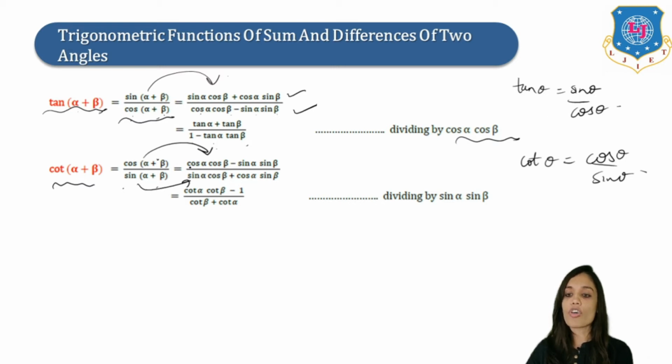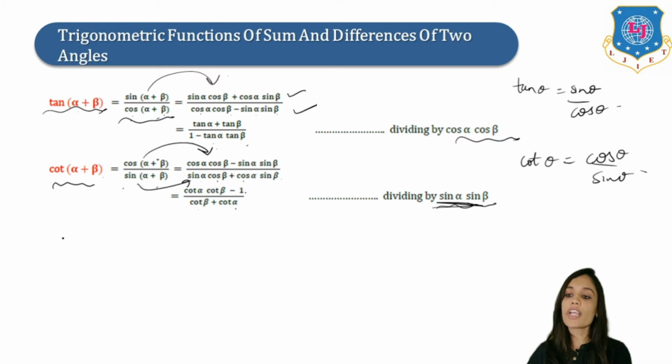They are cos alpha cos beta minus sin alpha sin beta upon sin alpha cos beta plus cos alpha sin beta. Now we will divide by sin alpha sin beta. So we will get cot alpha cot beta minus 1, because if we divide by this it will become 1, upon cot beta plus cot alpha. So this is the formula of cot(alpha plus beta).